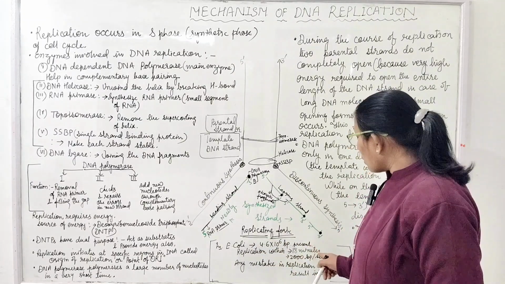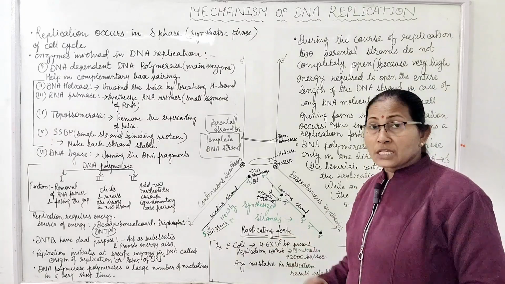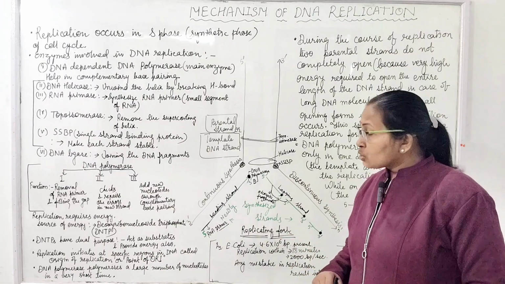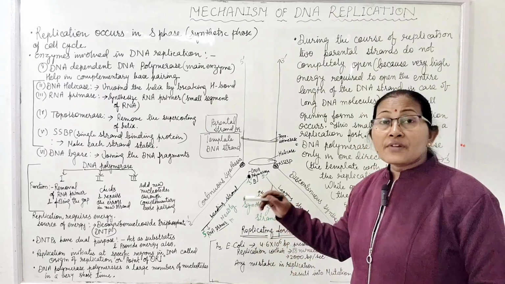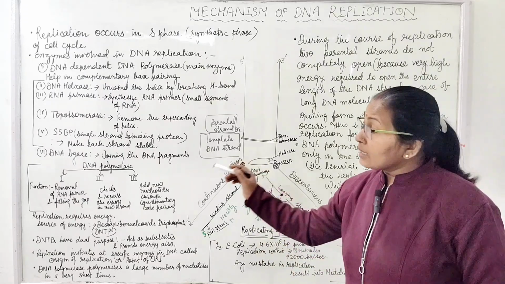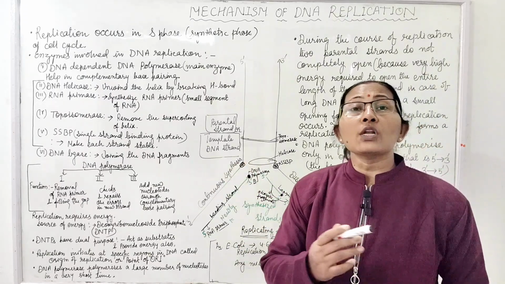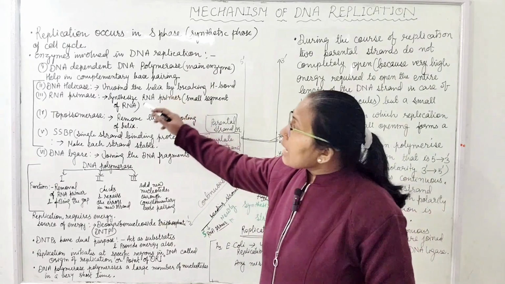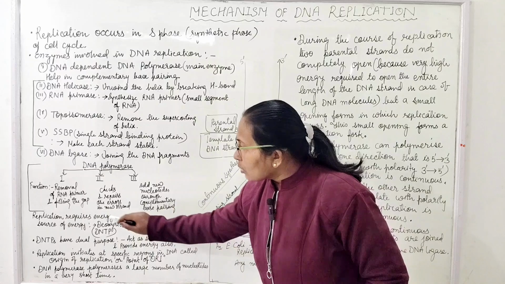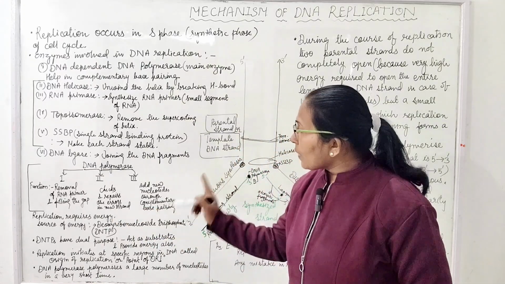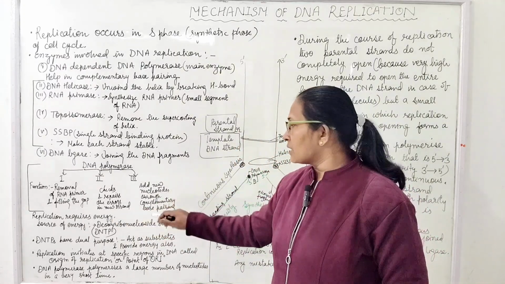It means about 2000 base pairs per second. So it is a very fast process, done by the DNA polymerase enzyme with the help of these additional enzymes and the energy provided by the dNTPs.